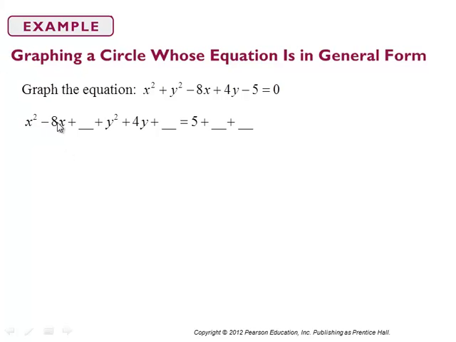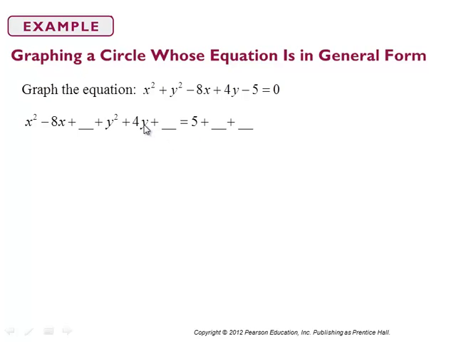Remember how to complete the square? You see the coefficient for the single power of x term, the linear term. Take half of the negative 8, which is negative 4, square it, so that you got 16 right there. You'll add 16, which means that you'll also add 16 to the right-hand side.